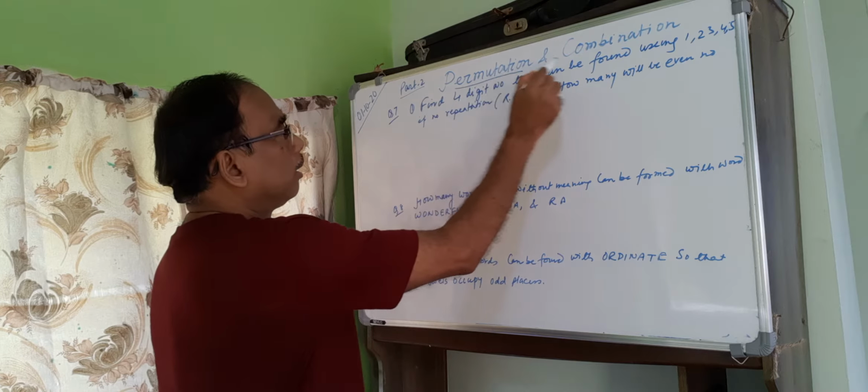The 4 consonants and 4 even places could be done in 4P4 ways. That is 24 ways. Therefore, the total number is 24 into 24, that is 576 ways.